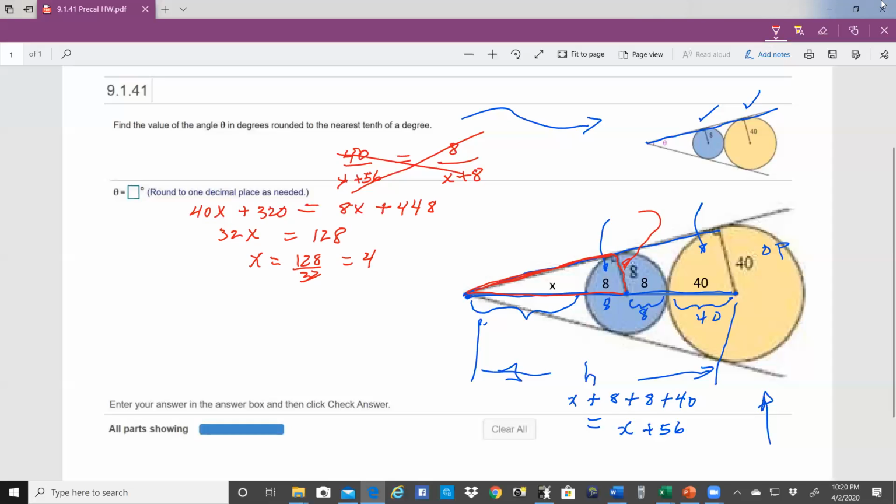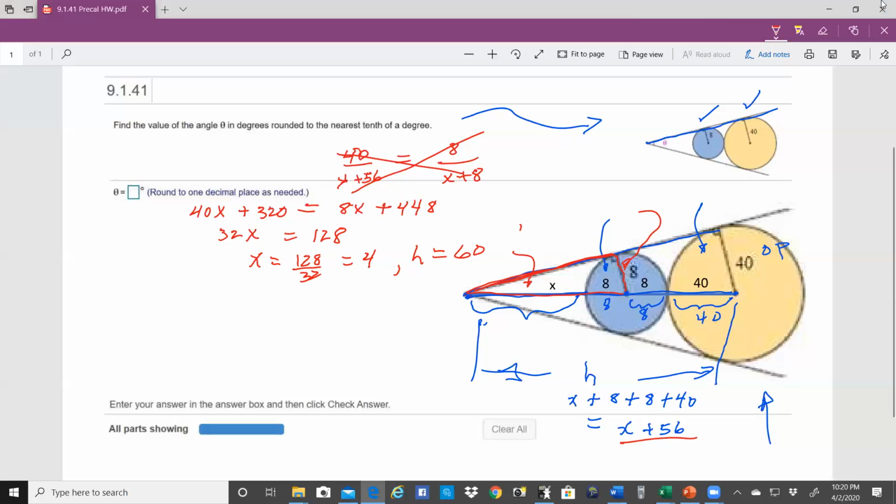So now we see the hypotenuse of the larger triangle is going to be x plus 56, which will be 60.